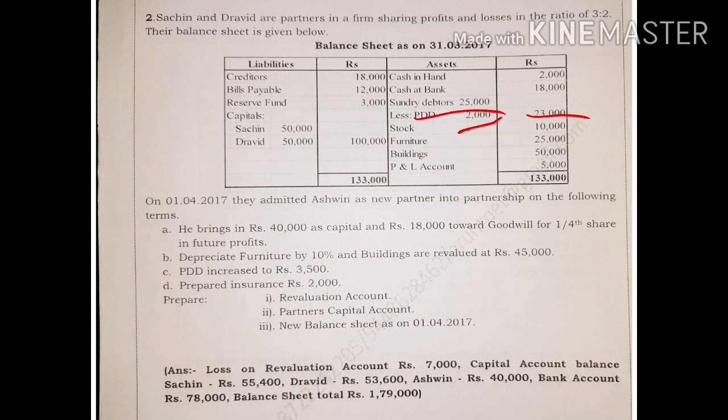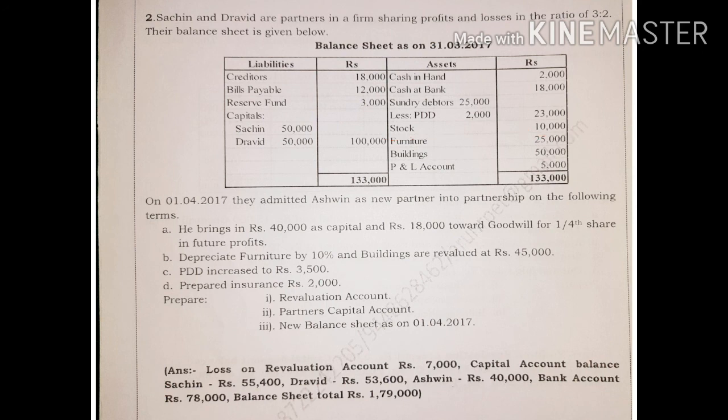So where to record? Sundry debtors is a current asset, so directly we have to record this information in the balance sheet. Okay. Next, stock. How much? 10,000. Stock is a current asset, so where to record? Directly in the balance sheet.